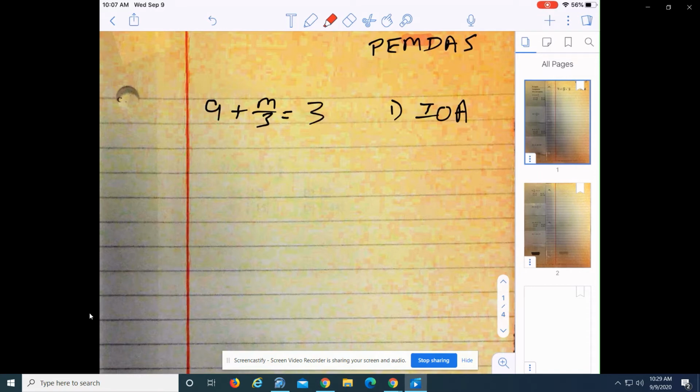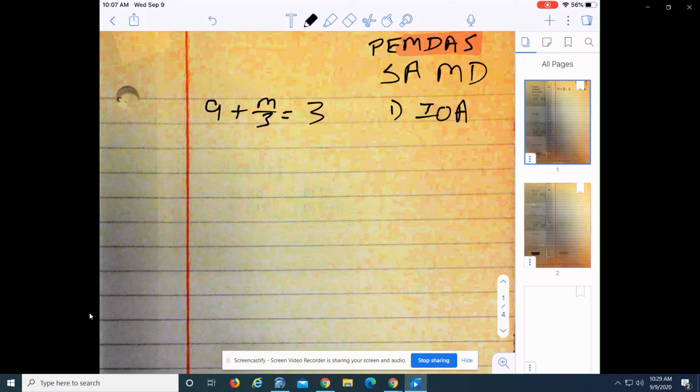We're only going to focus on these right now. Because we have a variable, we have to work backwards, which means we're going to do subtraction and addition, whichever one comes first, left or right, then multiplication and division, whichever one comes first, left or right. We're working our way backwards.